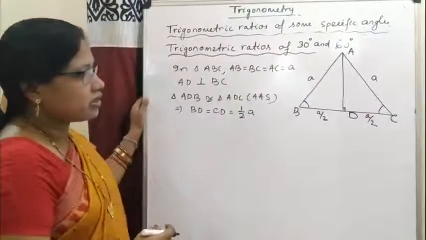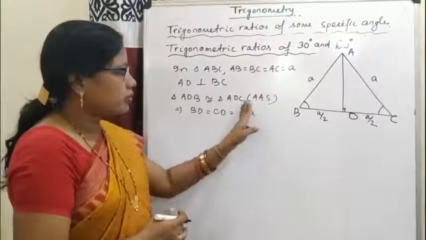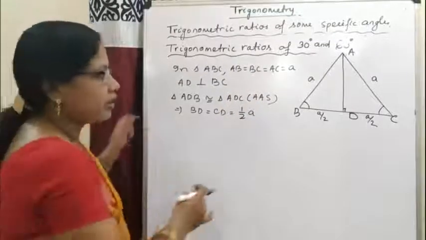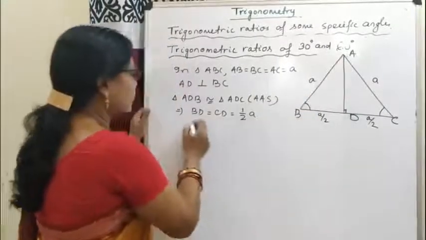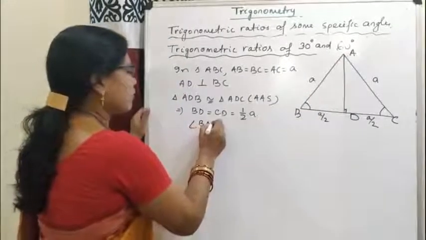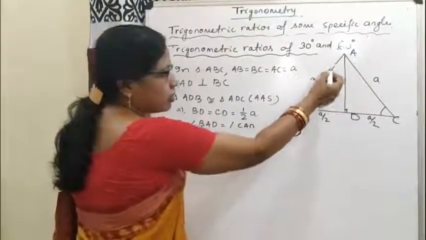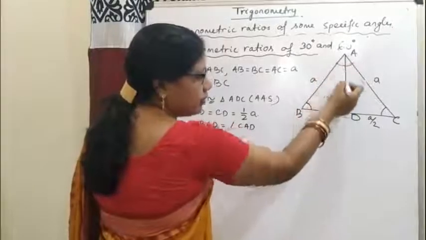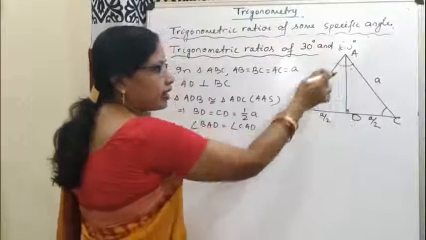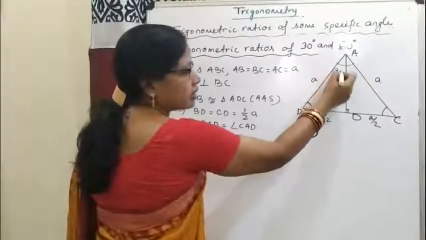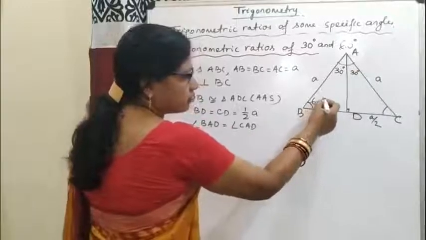We have considered all the sides equal to a unit, so BD is equal to CD is equal to a by 2. Then the angle BAD is equal to angle CAD. The total angle is 60 degree. If these two angles are equal, then AD is the angle bisector of angle A, and each angle is 30 degree. And this is 60 degree.